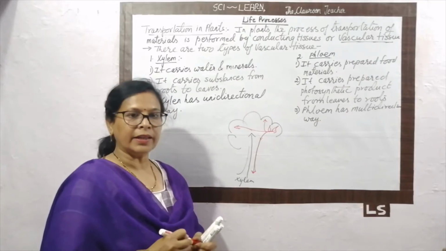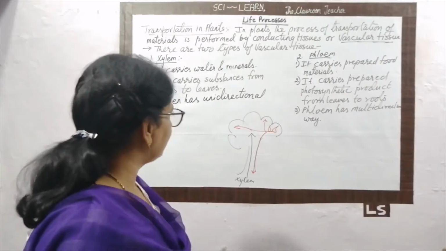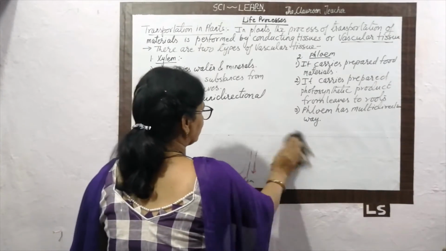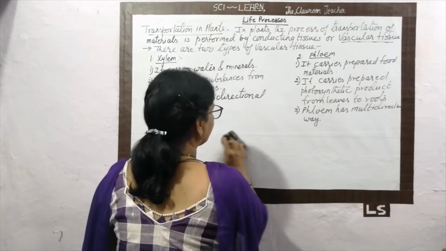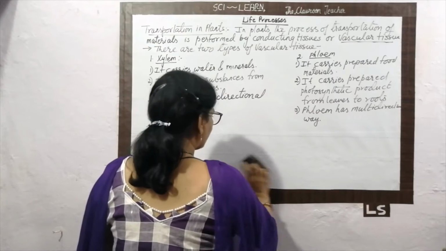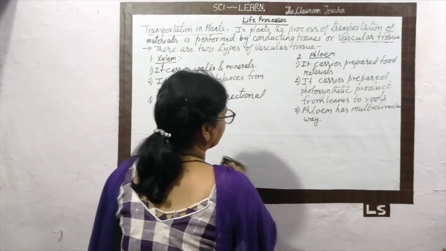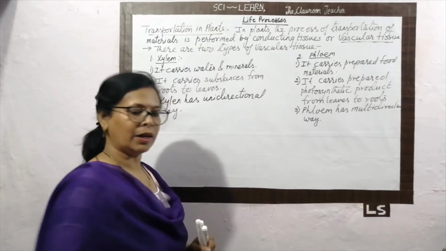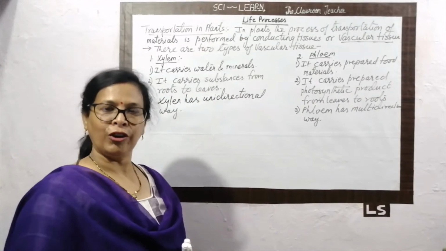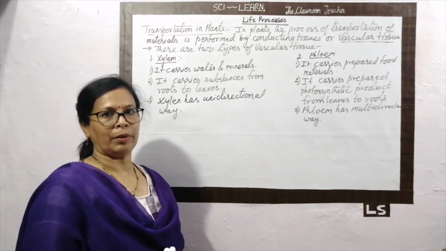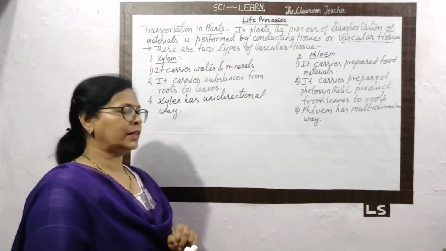As we have studied in class 9, xylem tissue and phloem tissue are made up of 4 types of cells. Two are the parenchyma and the fiber: xylem parenchyma, xylem fiber, phloem parenchyma and phloem fiber. But 2 more cells are there.